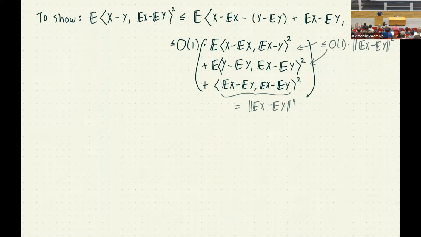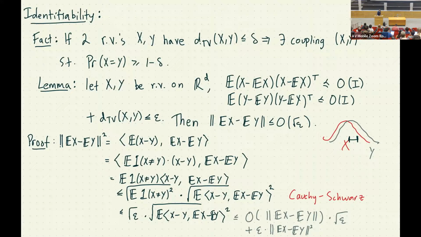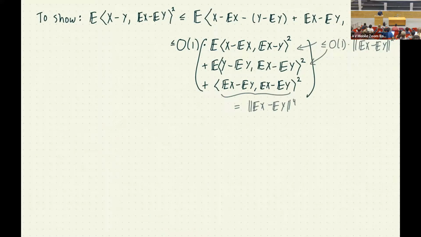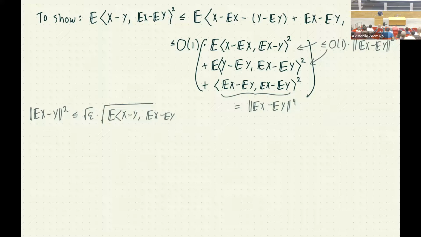Remember that we had this statement, and I lied slightly on where some epsilons went, and I apologize about that. But remember that we had this statement from this slide. I'm going to copy it down, that this guy was at most this. So the thing I wanted to bound was at most root epsilon times the square root of expectation X minus expectation Y squared.